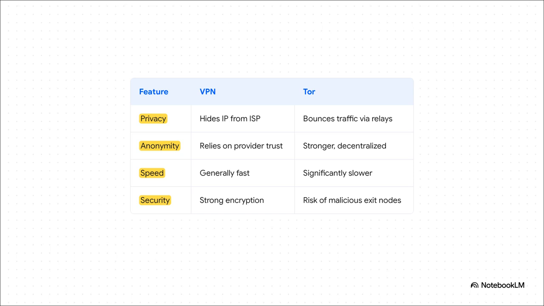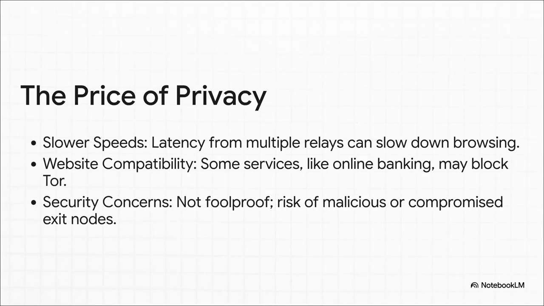It's decentralized. There's no single point of failure, which gives you much stronger anonymity. But there are big trade-offs. All that bouncing around makes Tor a lot, and I mean a lot, slower. And for security, while your data is encrypted through the network, you have to be aware of a small risk. That final exit node could, in theory, be run by someone malicious. So yeah, there's a definite price of admission for this level of privacy.